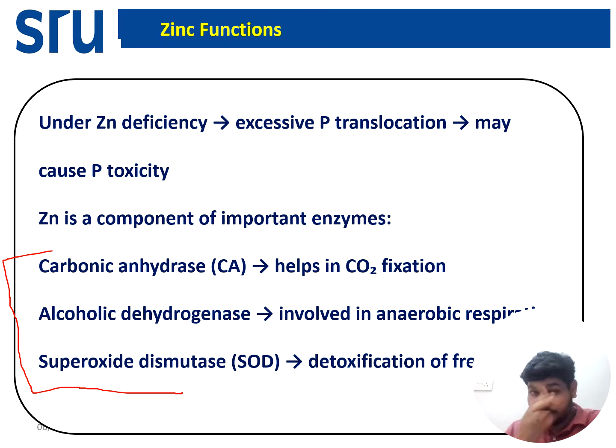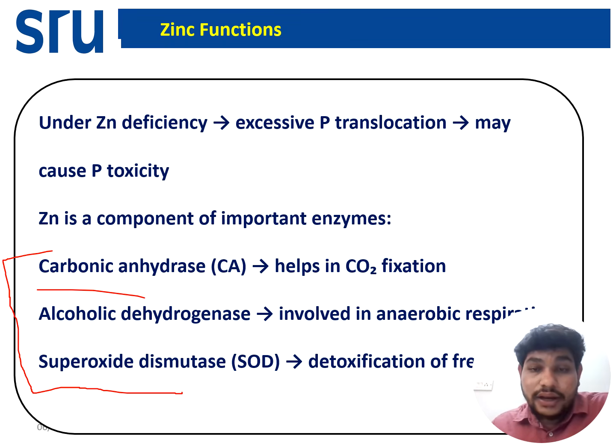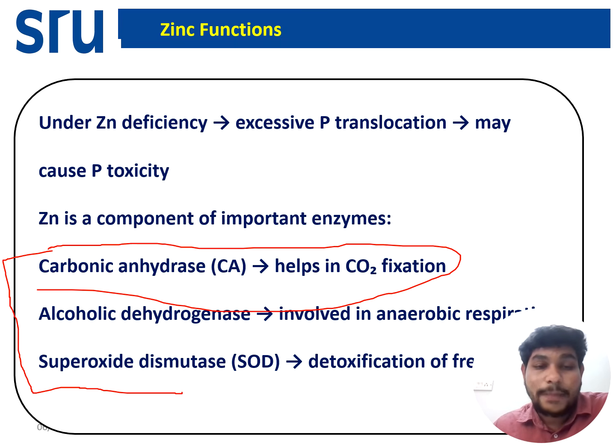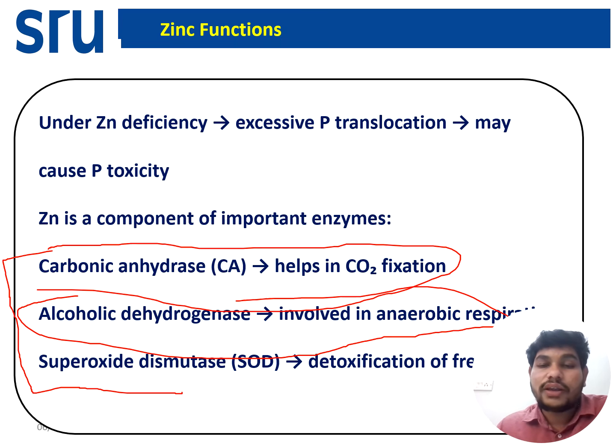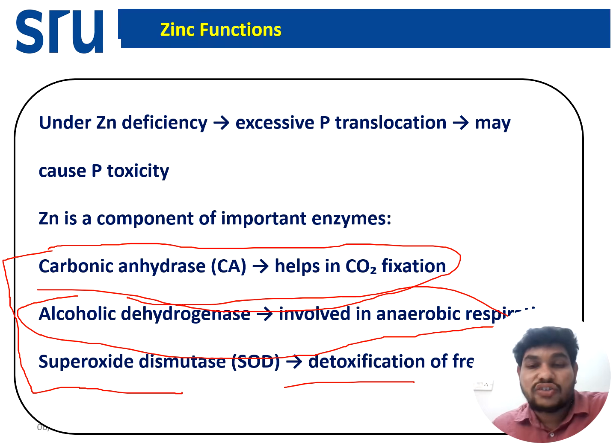superoxide dismutase. Carbonic anhydrase is required for CO2 fixation in the photosynthesis cycle. Alcoholic dehydrogenase is required for anaerobic respiration, and superoxide dismutase, we know, is responsible for detoxification of free superoxide radicals.